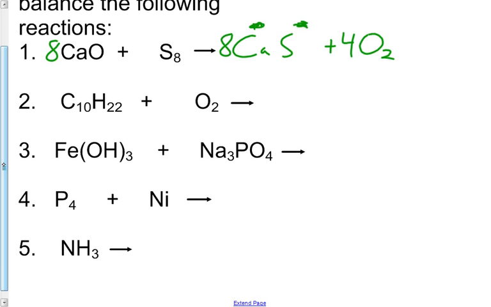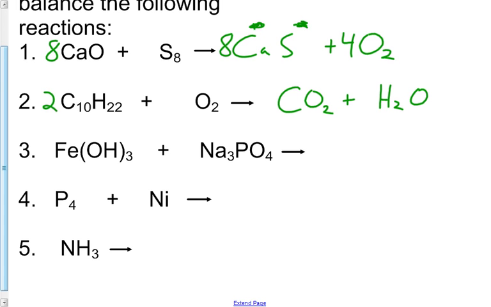Number 2, a carbon-hydrogen containing compound reacts with oxygen. Combustion reaction. Products? Carbon dioxide and water. Now we have to balance. We always start with carbon, and in this one we apply the rule of 2 because 10 is an even number.